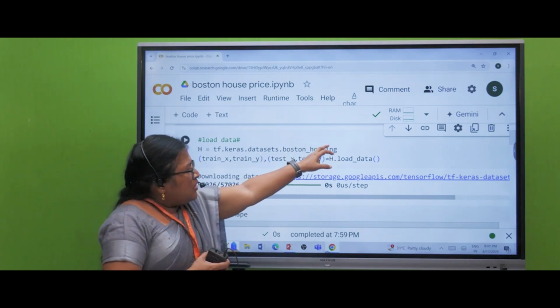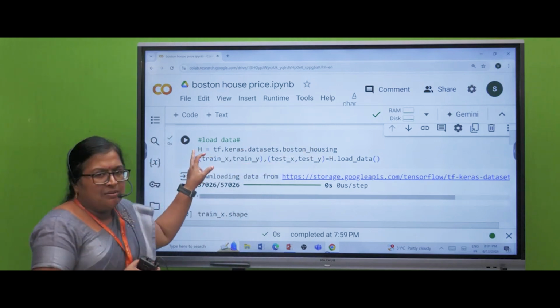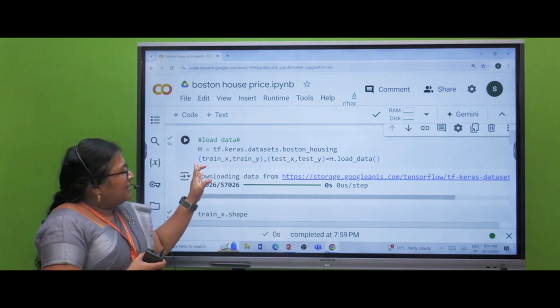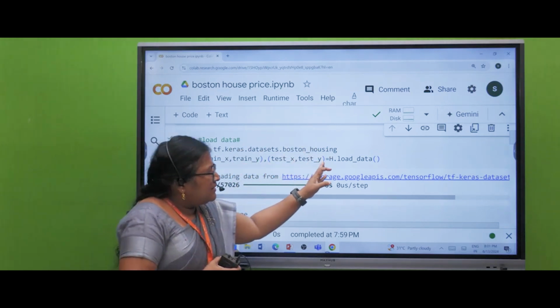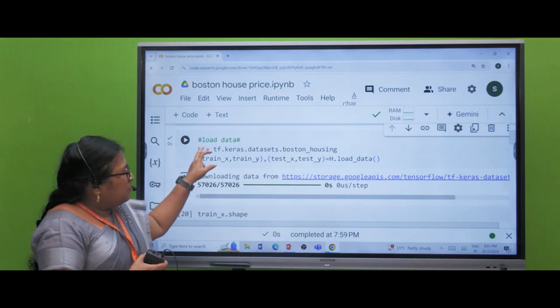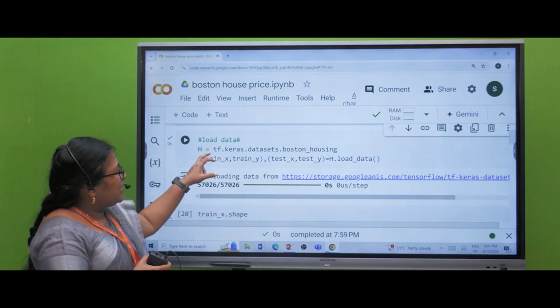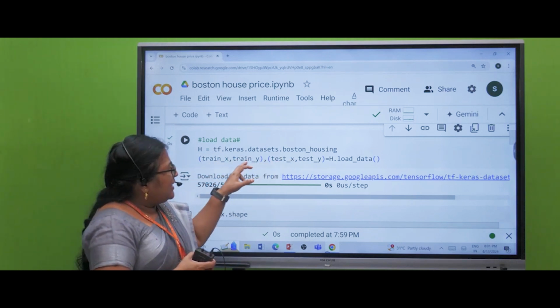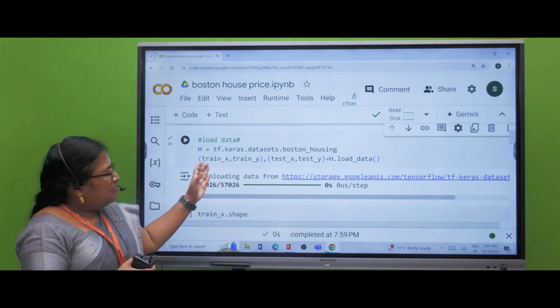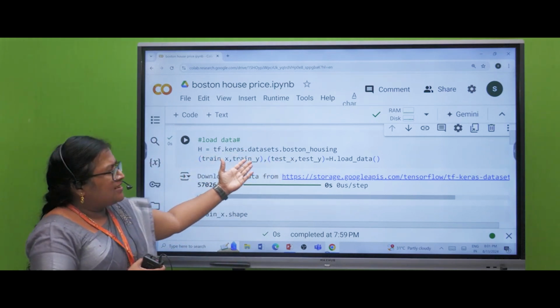I have downloaded boston_housing into a variable, and I have split the dataset: in the training dataset, this is my X, the feature, and this is my Y, the label. In my testing dataset, this is the feature and this is the label.